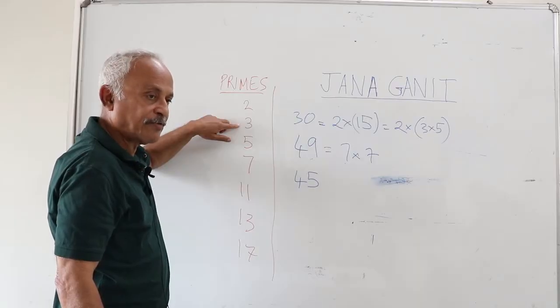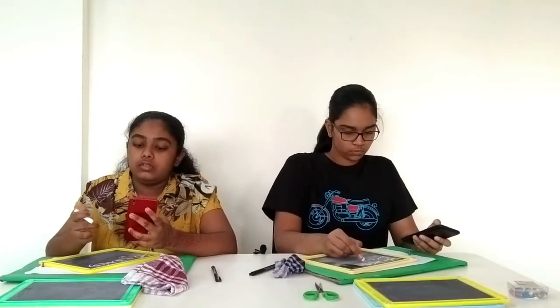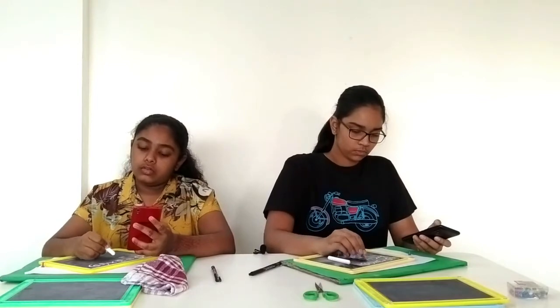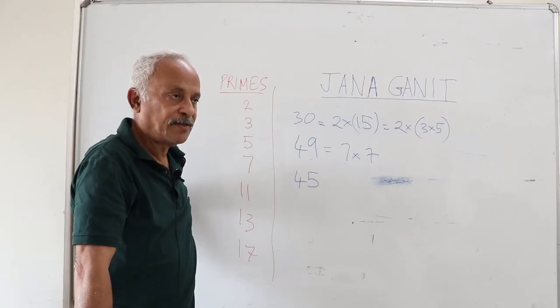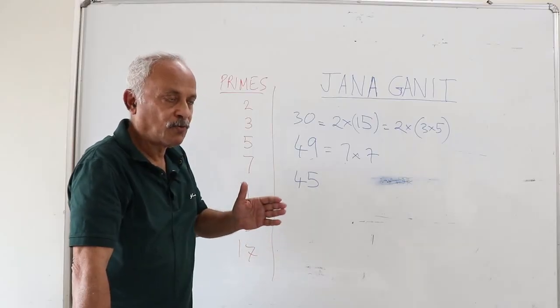Continue with 15, factorizing 15. 15 divided by 5 is 3. So 15 is equal to what into what? 5 into 3.